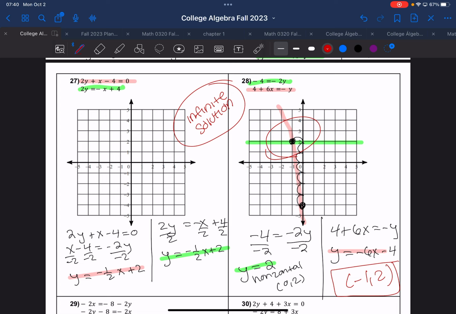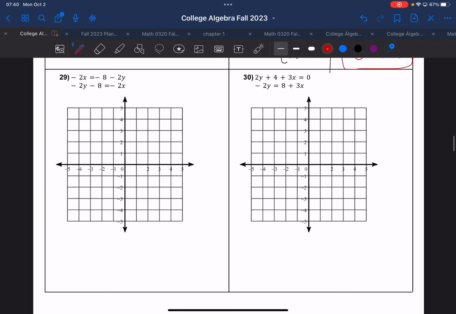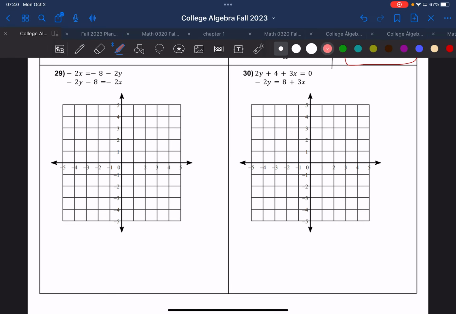And we're going to do one more. We're going to do number 30. So again, first step, because these are not in y equals mx plus b form, is to get y alone. Get y by itself. So I have 2y plus 4 plus 3x equals 0.